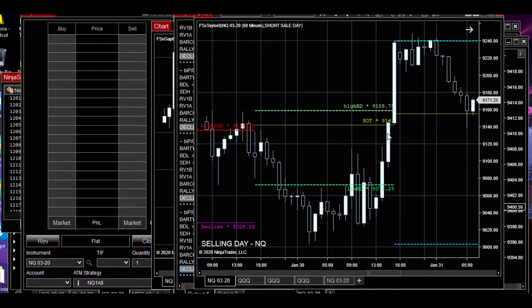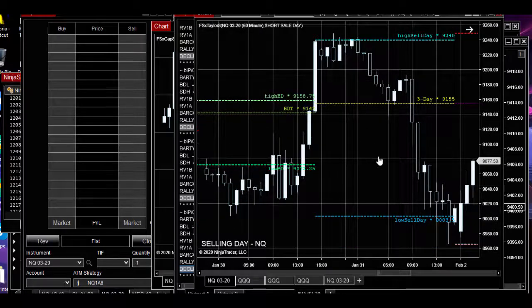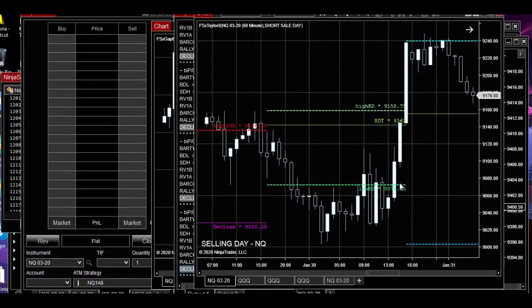Here's another example of the buying day target. So the average 2-day rally from the low of the buying day to the high on the sell day is about 70 points right here. Buying day target is the 2-day rally.